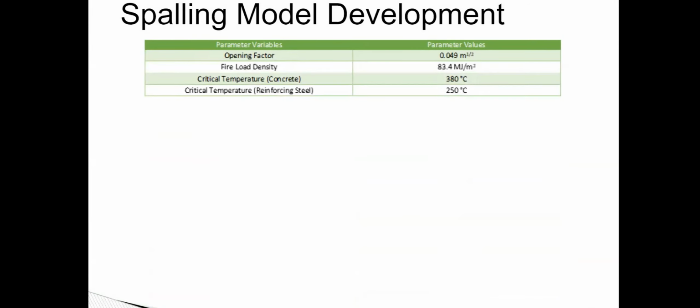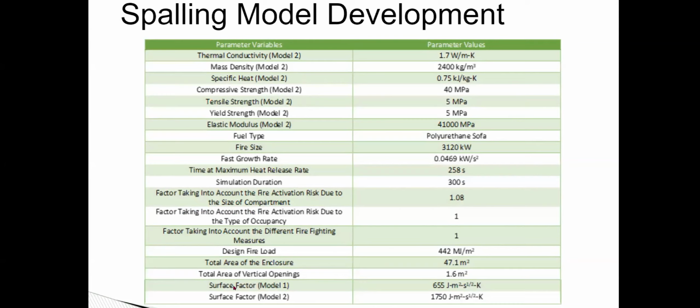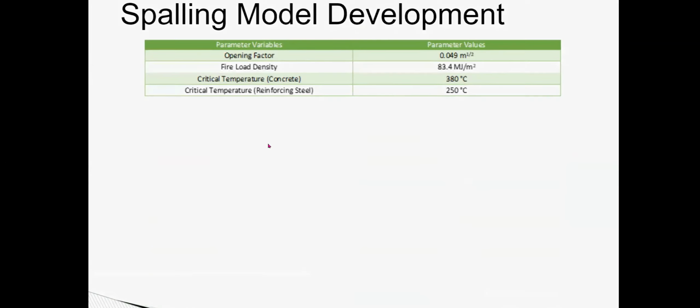And then those are the factors: surface factor, which depends on your thermal properties, and opening factor, which depends on your ventilation and the enclosure areas, and then the temperatures that I use as a benchmark.